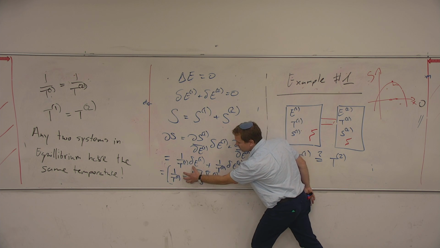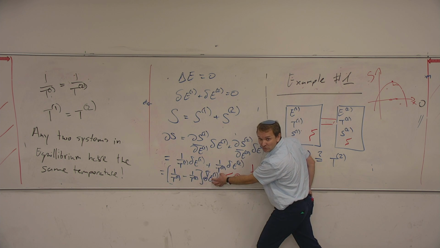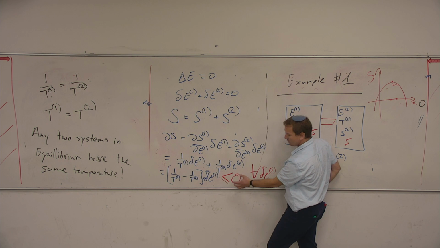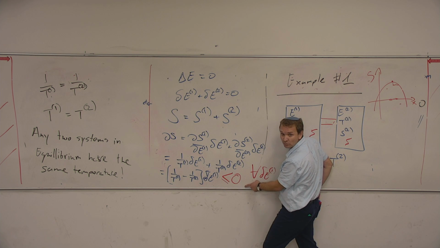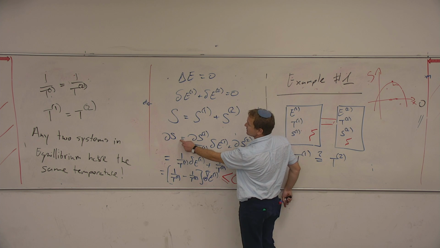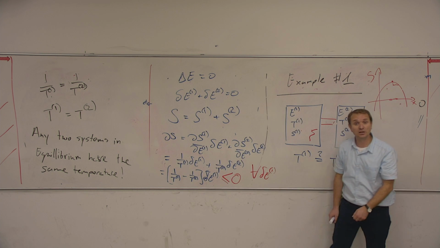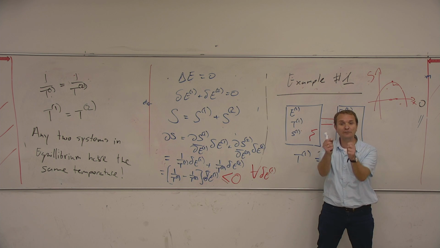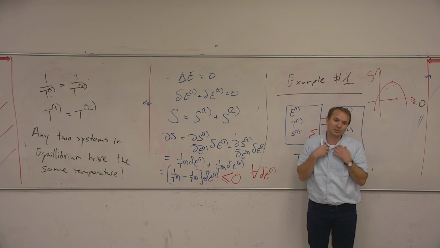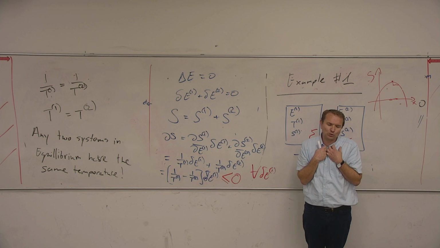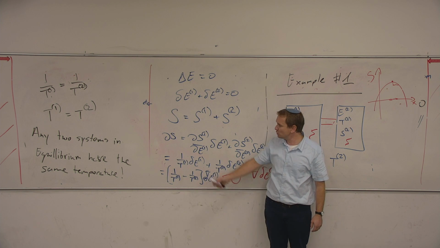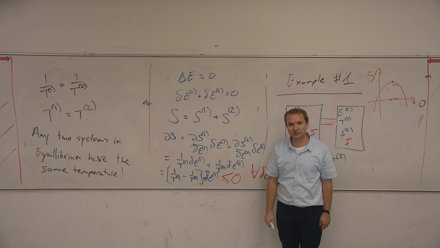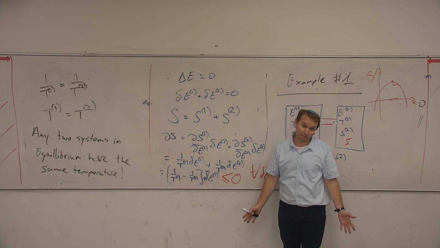So I have a constant multiplied by a variable that can be anything, and it's smaller than or equal to 0. Why? Because S is maximal, so any change that I introduce has to decrease S. If you write a maximum, anything that you do to the system, any shift will decrease the entropy. This is why delta S has to be negative or 0. Okay?